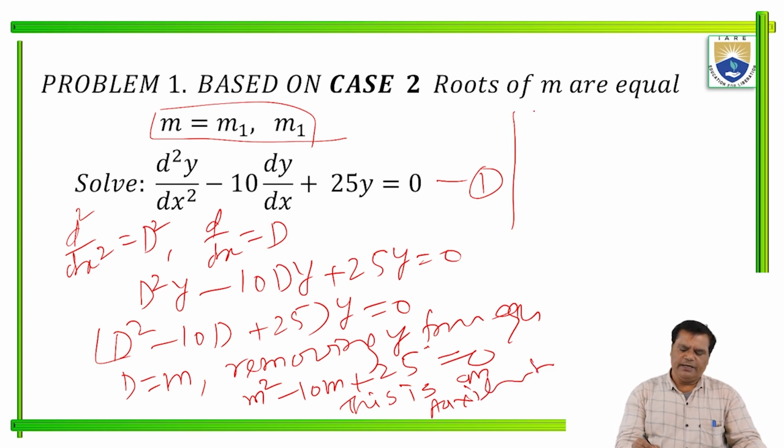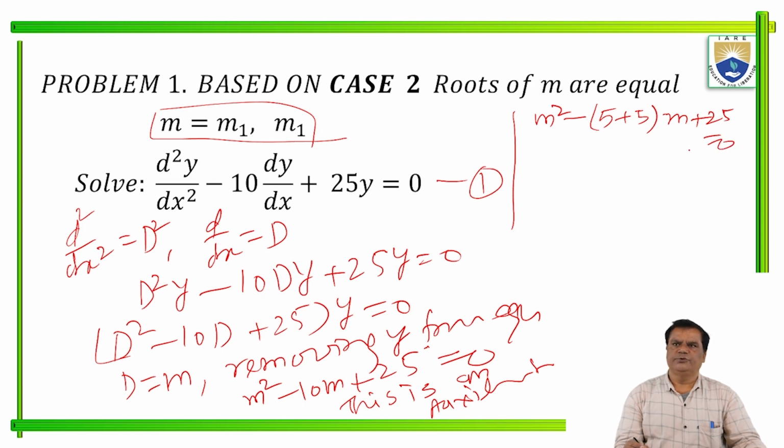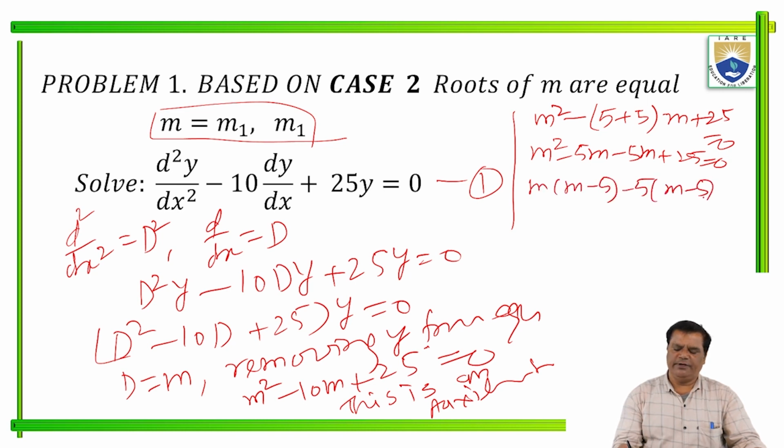Solving this, 5 × 5 is 25 and 5 + 5 is 10, so m² - 5m - 5m + 25 = 0. So m(m - 5) - 5(m - 5) = 0, that is (m - 5)(m - 5) = 0.